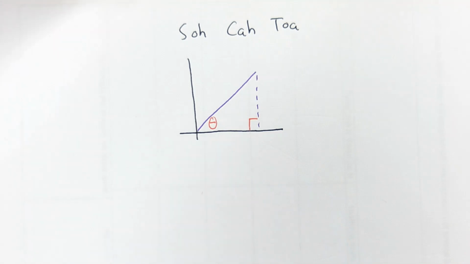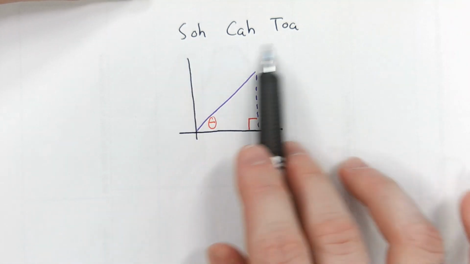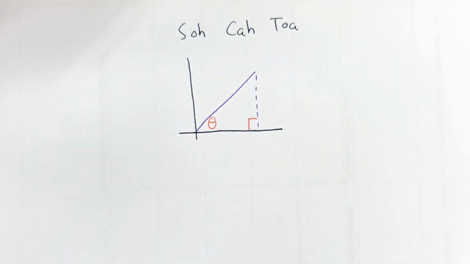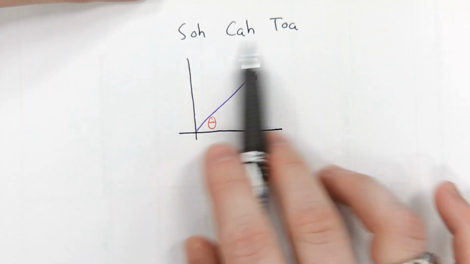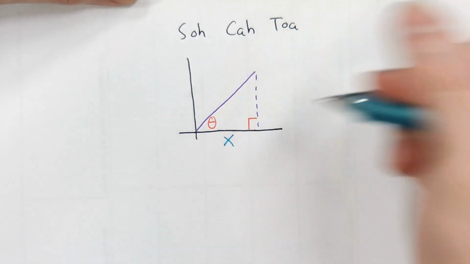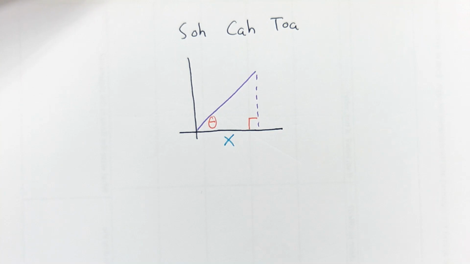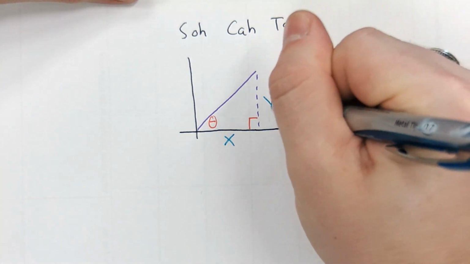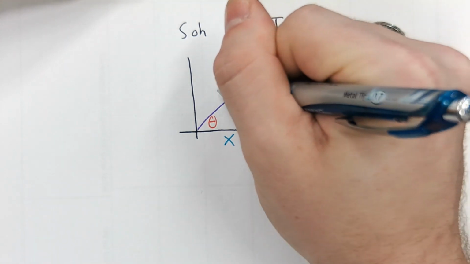You're not going to be able to use SOHCAHTOA. And I'm a fan of having one method that always works for all trig. That means we have to let go of this acronym and instead use x for horizontal, y for vertical, and r, radius, hypotenuse.